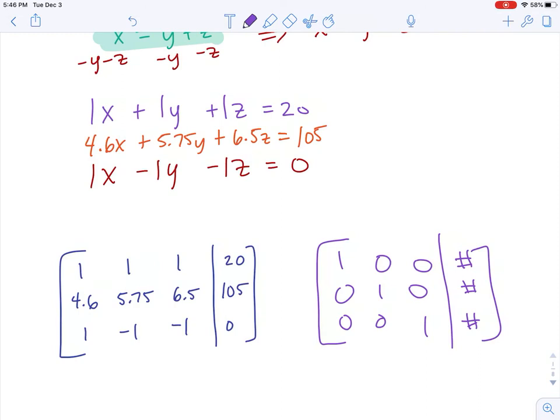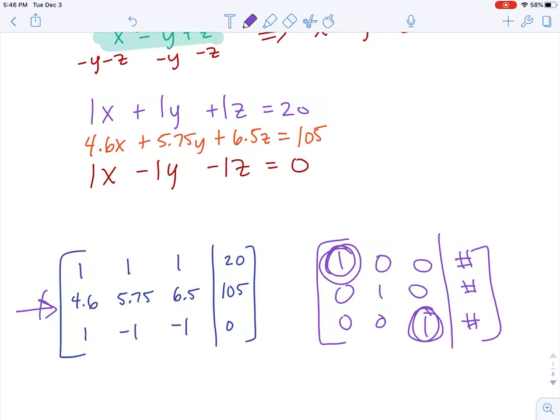So because we want a 1 here and a 1 here, let's take a look at what we've started out with here. What we want to do is rearrange what we have in order for it to match what we want. So if I want a positive 1 here and a positive 1 here, right now I have a positive 1 here and a negative 1 here.